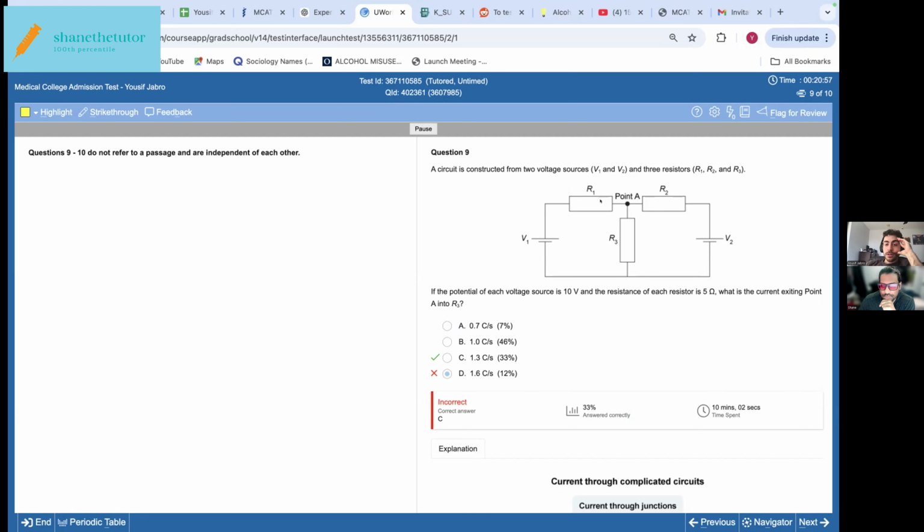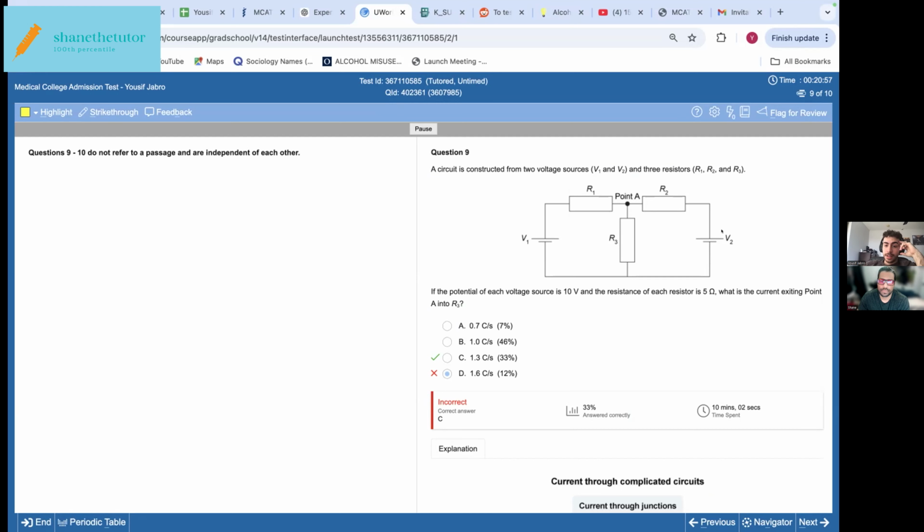Well, I was looking at these two first, and I feel like they're in series. So I'd add these two up, and then this one's in parallel, so I would add these and then do the inverse of this. But then these voltages kind of threw me off.